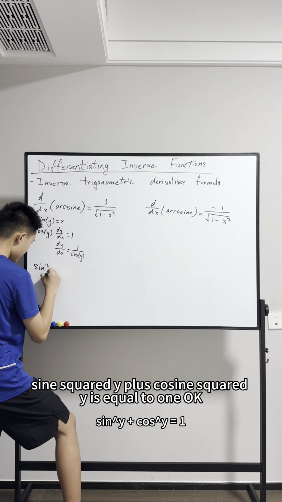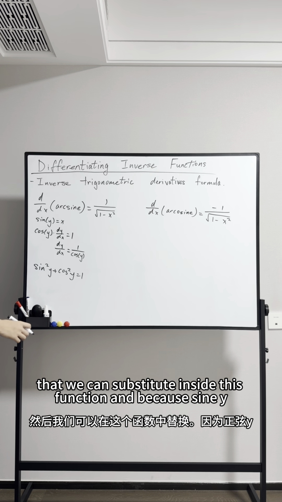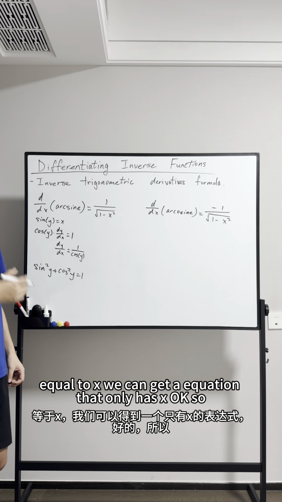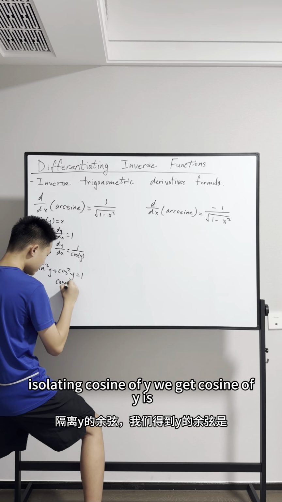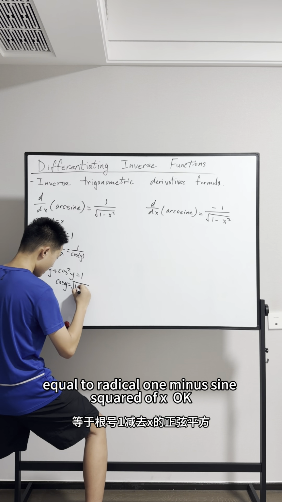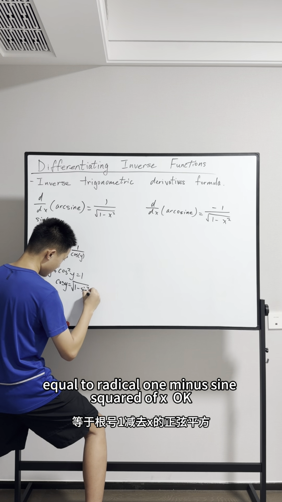By this identity, we are going to isolate cosine of y so that we can substitute it into this expression, and because sine y is equal to x, we can get an equation that only has x. So isolating cosine of y, we get cosine of y is equal to radical 1 minus sine squared y.